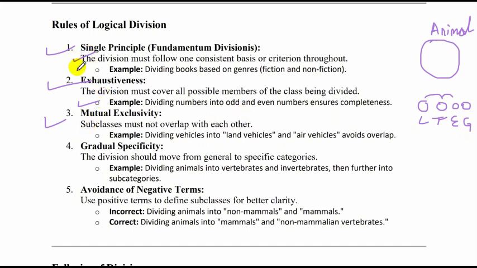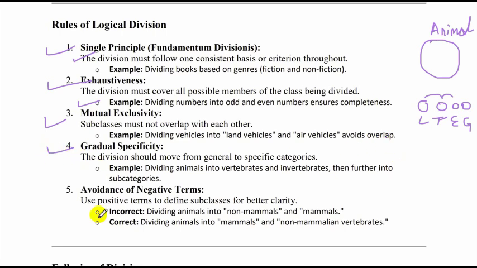So, one method of division, one principle used for the division throughout. It should be exhaustive, that is, it should cover all possible members, and the members should not overlap in different classes. So they should be exclusive. Each subclass must not overlap with each other. For example, dividing vehicles into land vehicles, air vehicles, avoids overlap.